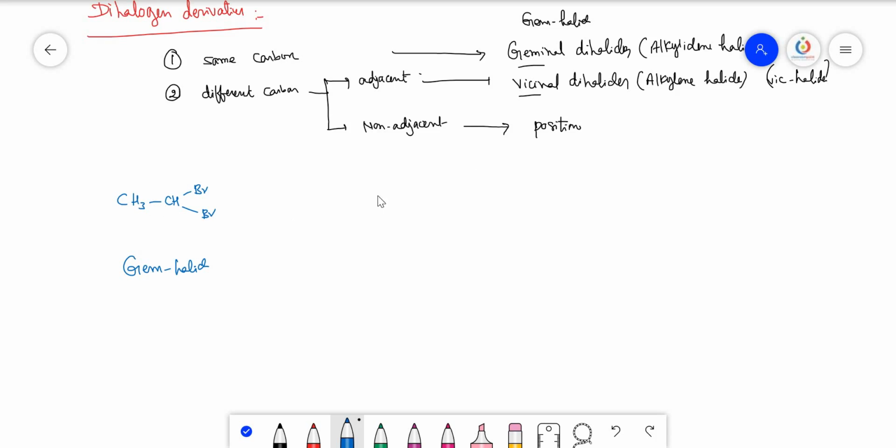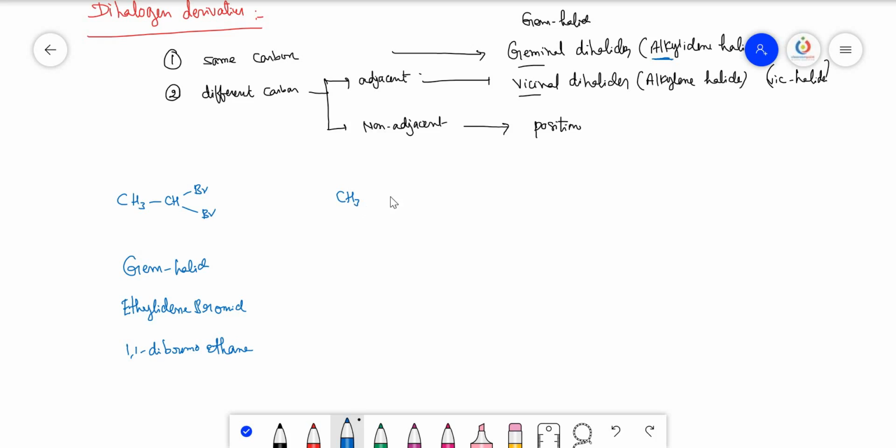But here two carbon atoms are there, so you introduce the name alkyl part here. Two carbon atoms means its name is ethyl, so the name of this molecule is ethylidene bromide. This ethylidene bromide and ethylene bromide are so important for us. And the IUPAC name is 1,1-dibromoethane.